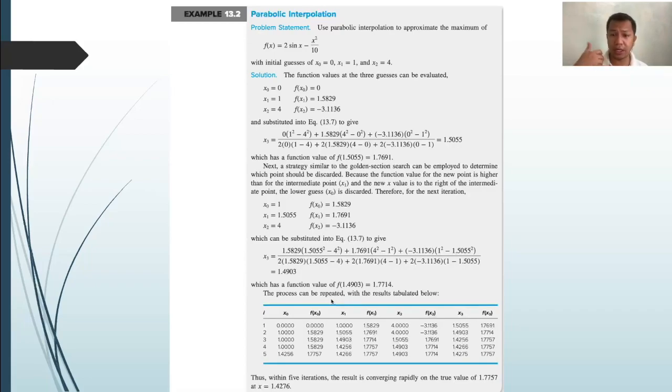The process is then repeated. This is the tabulated form for the process. Thus, within 5 iterations, the result is converging rapidly on the value of 1.7757 at x is equal to 1.4276. And that ends my report.